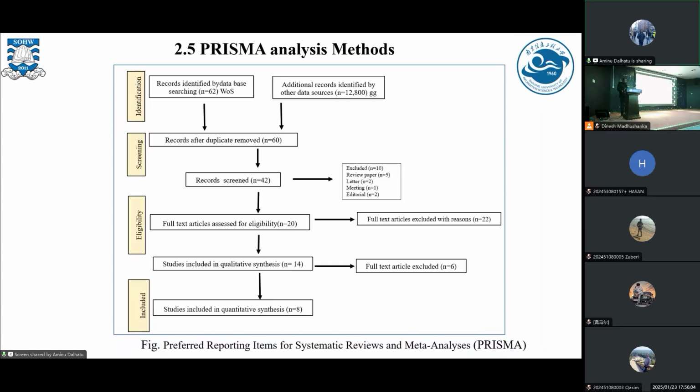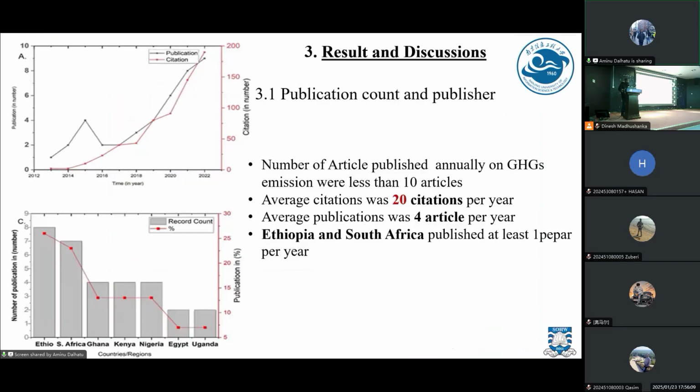So in these results, I found that publications on climate change or greenhouse gas emission are increasing steadily from 2012 to 2022, and the citations are also increasing. The number of articles published annually on greenhouse gas emission is less than 10 papers.